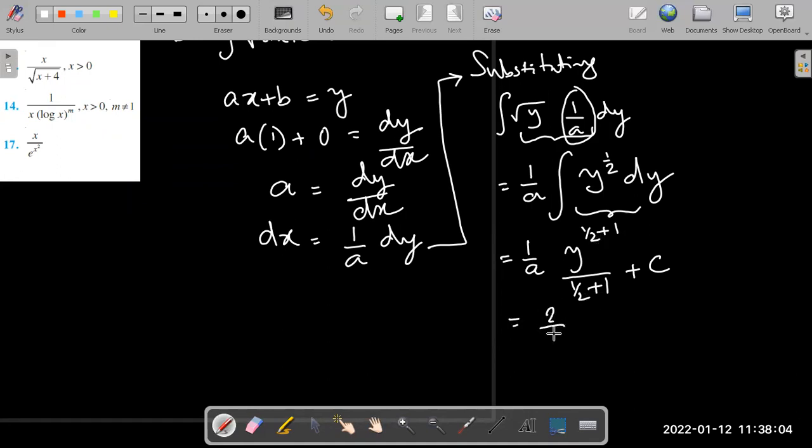So you'll get 2 by 3a y to the power of 3 by 2 plus c. y is nothing but ax plus b, so the answer is 2 by 3a times ax plus b to the power of 3 by 2 plus c. This is the final answer.